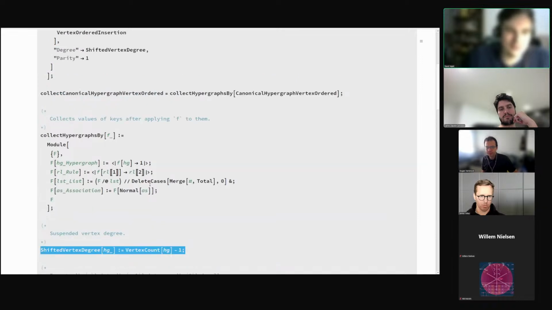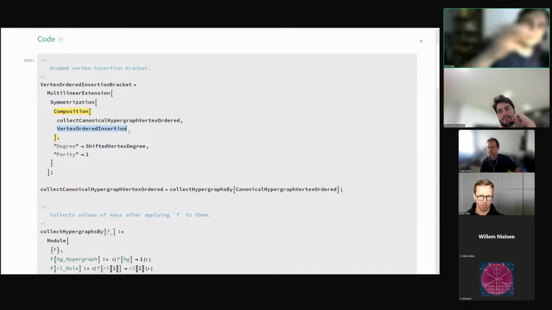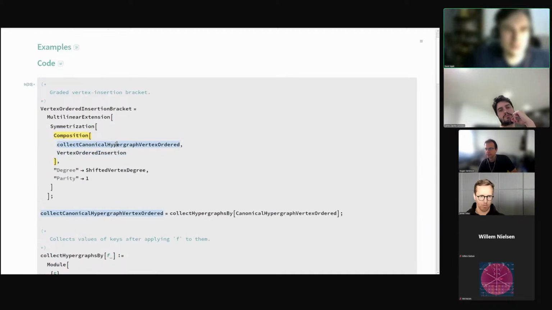This is what I defined on the previous slide. And vertex ordered insertion is precisely the operator which is inserting this n-tuple of hypergraphs into each other, forming a chain of these hypergraphs. There is one technical step, because I told you that we are working up to isomorphism. So at some point we have to collect isomorphic hypergraphs, which we do by applying this function, collect canonical hypergraph vertex ordered.